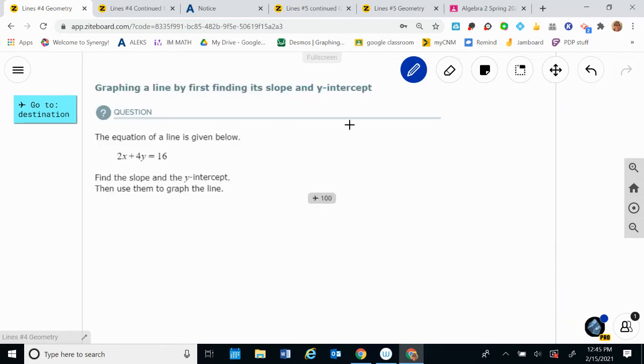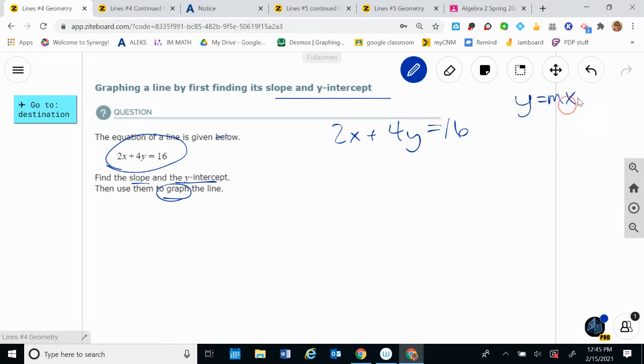Next, graphing a line by first finding its slope and y-intercept. Okay, so you're given this line and it says graph. The equation of the line is given before. Find the slope and y-intercept and then use them to graph the line. Basically, they're just going to say graph this line. Okay, now because they're telling you exactly how to find the line, you know you need to get it into slope-intercept form. That means y equals mx plus b.